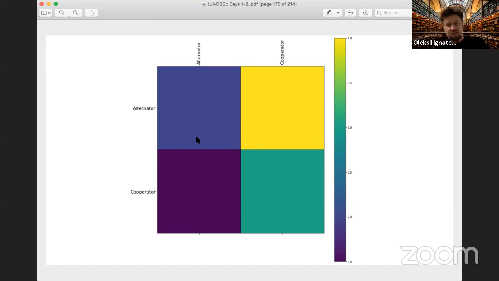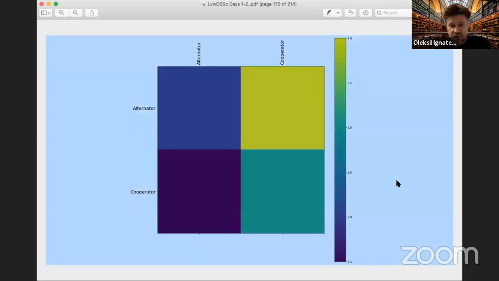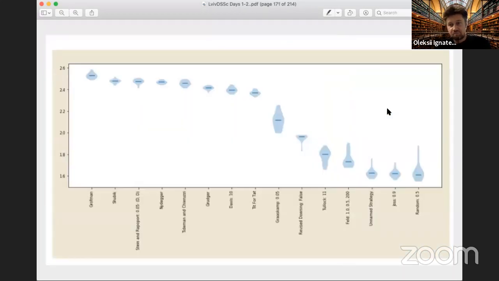So here we have that alternator is very good against cooperator, because cooperator always cooperates, and cooperator against cooperator, they agree, they have 3, and cooperator against alternator has a very small score of 1, and alternator against alternator is so-so.